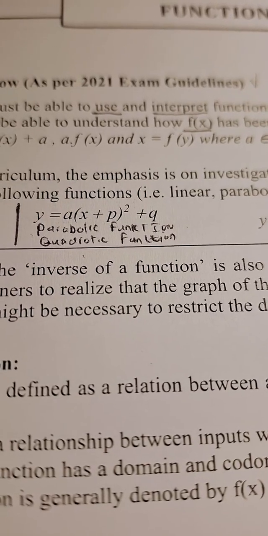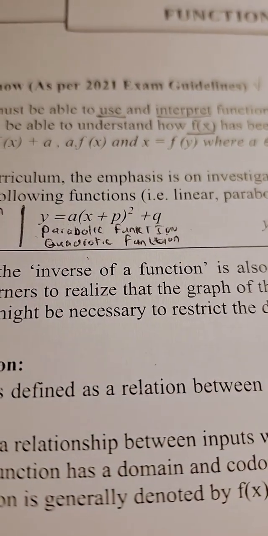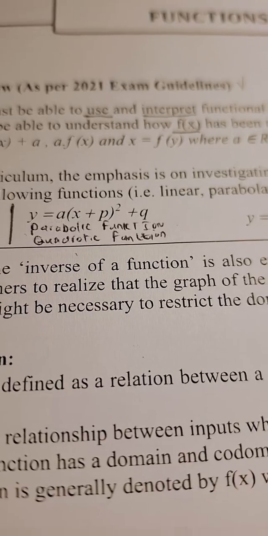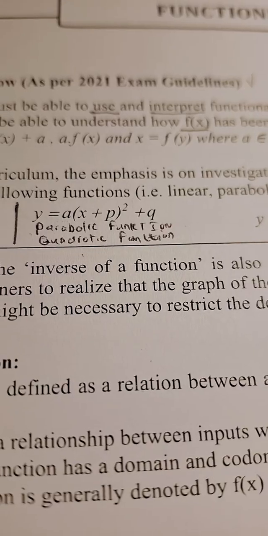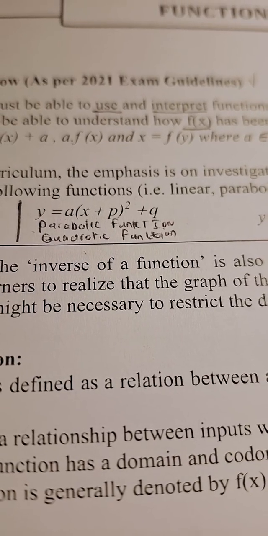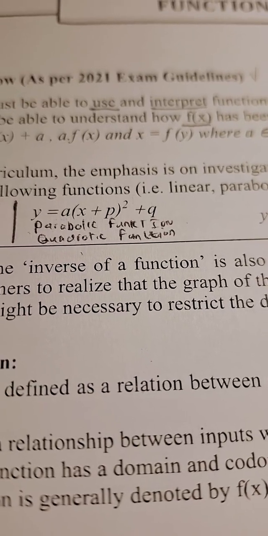Okay, then the form that we have here is what we call the turning point form. There is an alternative equation that is used to represent a quadratic or a parabola form in grade 11, and I want us to explore that form.